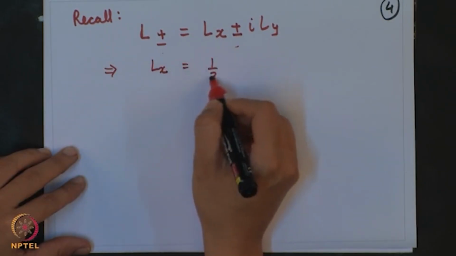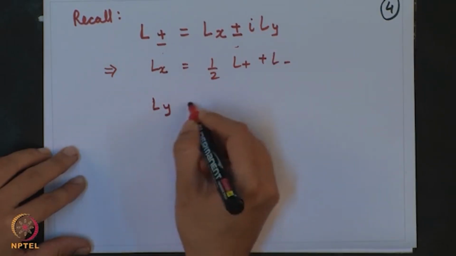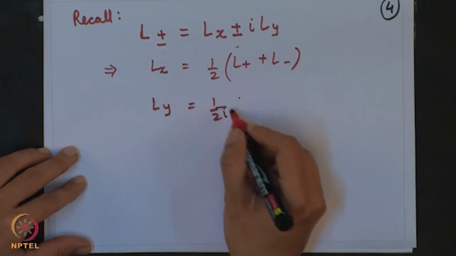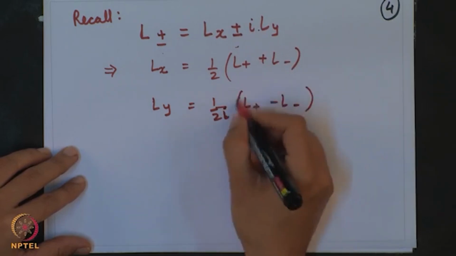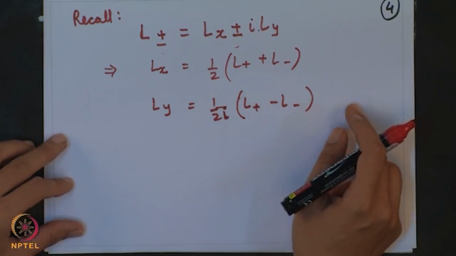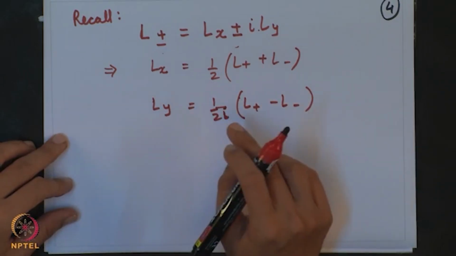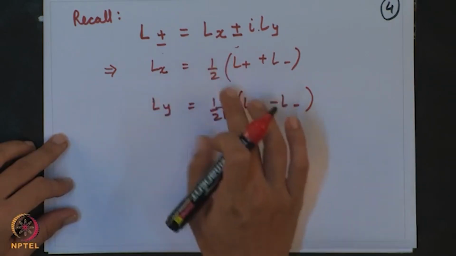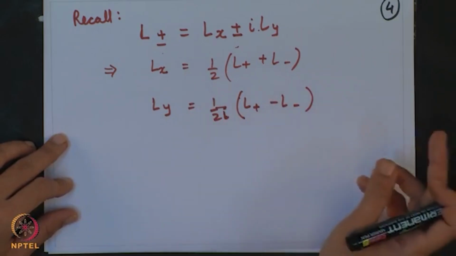Lx is half of L plus plus L minus, Ly is half, with a factor of i, of L plus minus L minus. These would be very useful in obtaining whether the Hamiltonian has 1 0 as an eigenket. It will be very simple to operate L plus and L minus on the eigenket rather than Lx and Ly.